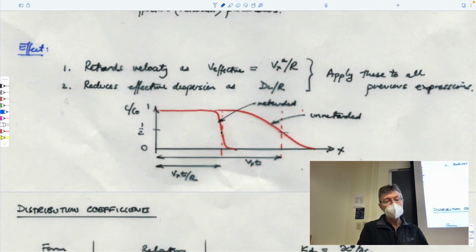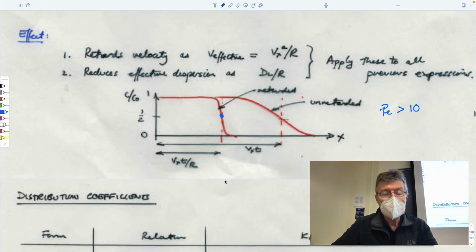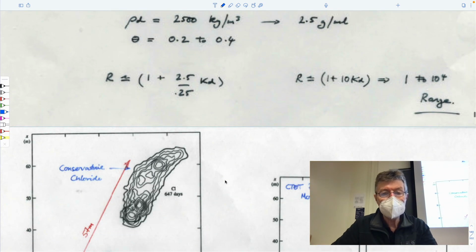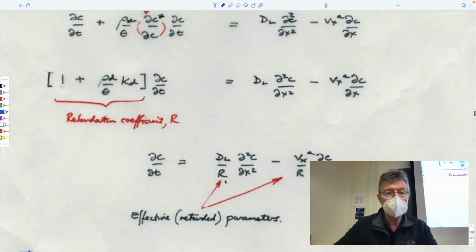We should be careful in doing this because we know that this is only kind of a helpful idea for us because it's only really true for big Peclet numbers. Not quite true for others. So we have to be mindful of that. So how can we use that in a useful way? Well, we've made the point that we can define a parameter.